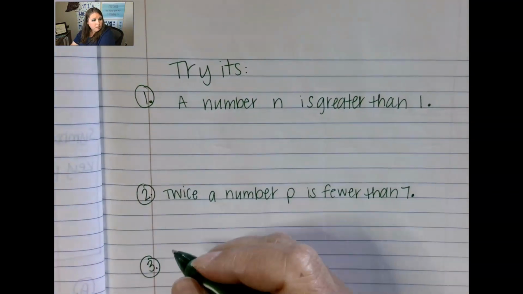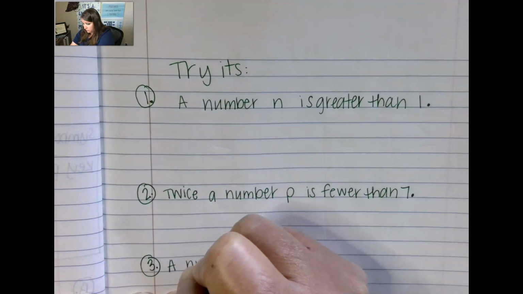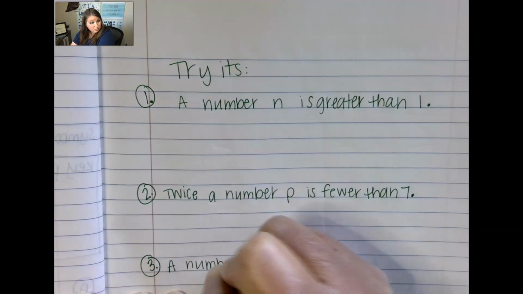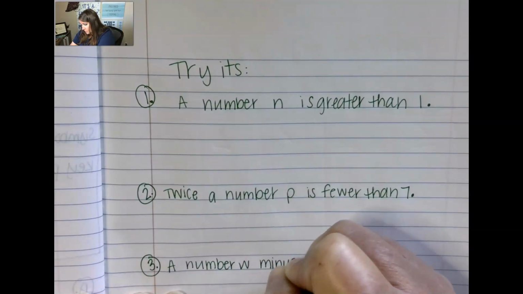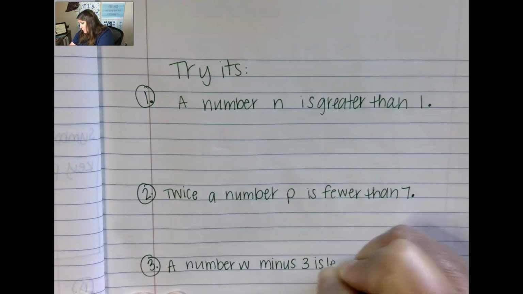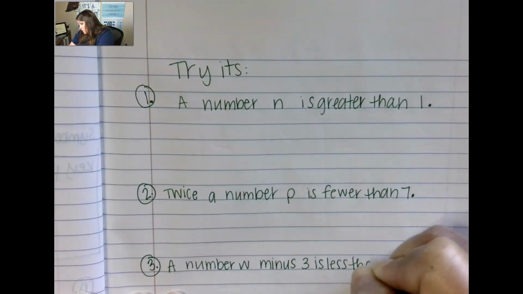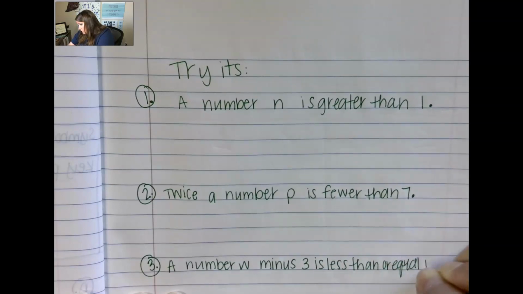Try it number 3. Oh, this one's a long one. A number w minus 3 is less than or equal to 10.